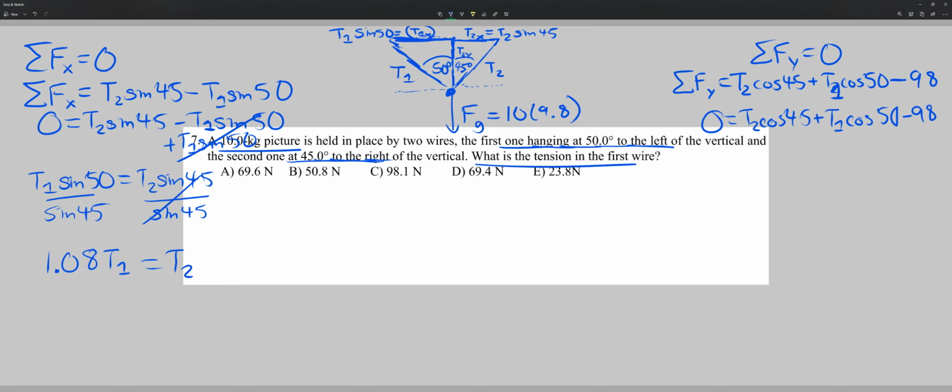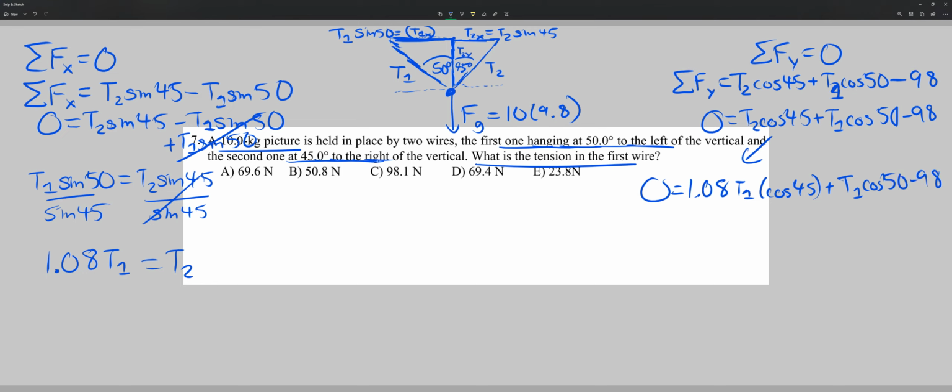Now that we've figured out what T2 is, we can plug it into our net y equation. So now we have 0 is equal to T2, which is 1.08 T1, cosine 45, plus T1 cosine 50 minus 98.